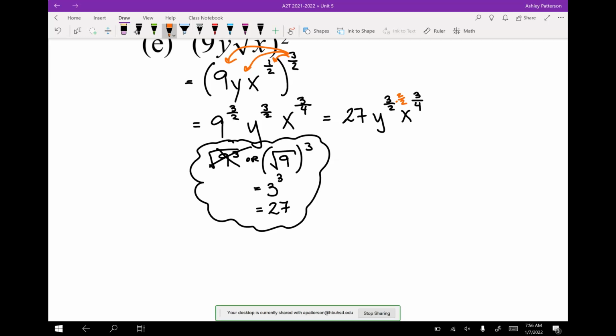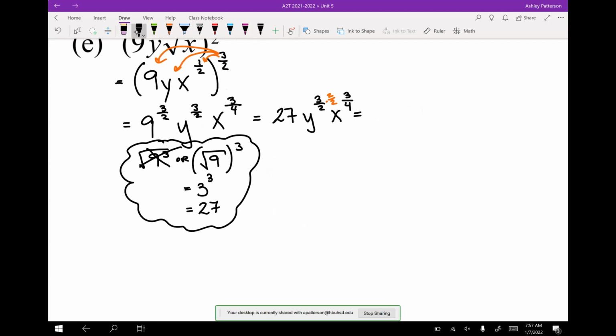When you have a problem like this, you want to try to keep the indexes the same, so that we can put them underneath the same radical and try to simplify from there. So we find ourselves with 27 times x to the 6 over 4 power times y to the 3 over 4 power.